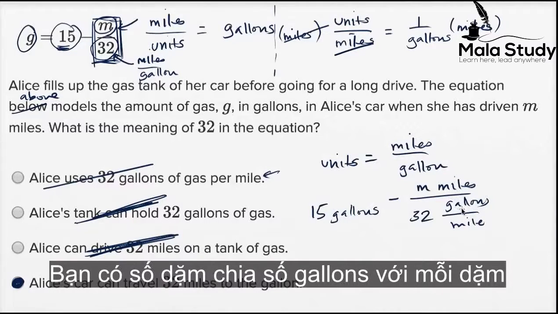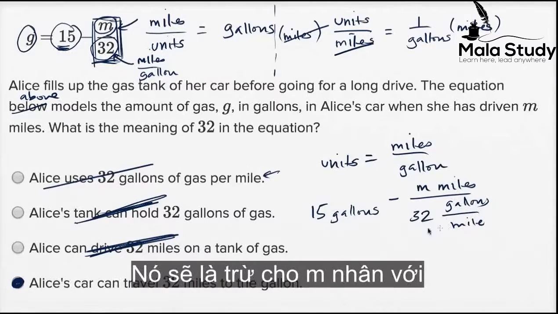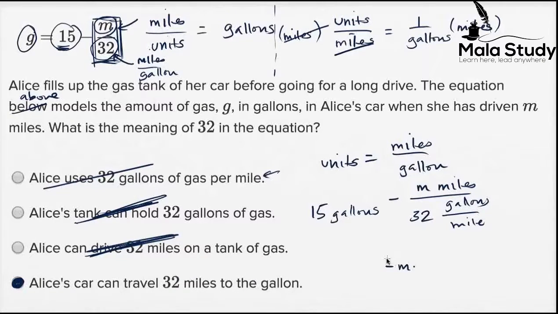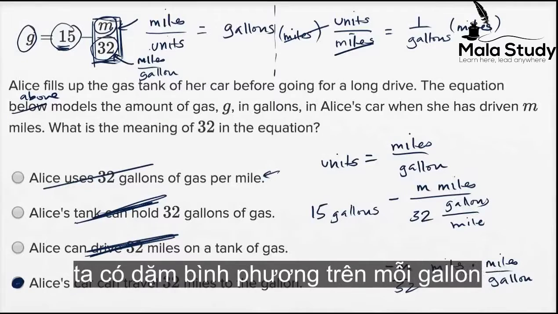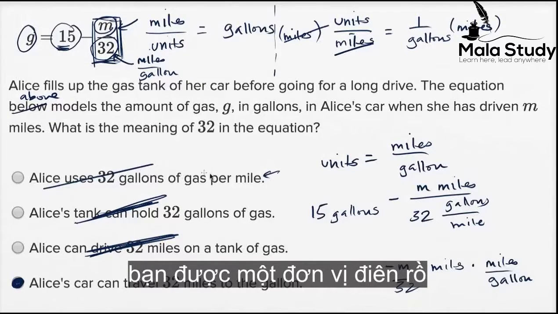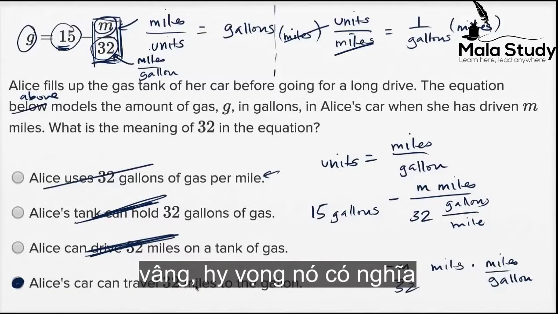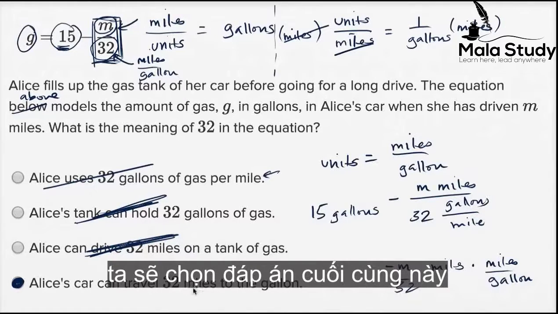You would have miles divided by gallons per mile. This is going to be minus m over 32 miles times miles per gallon, and you get miles squared per gallon. You'd get these crazy units up here. So hopefully it makes sense that we would pick this last choice.